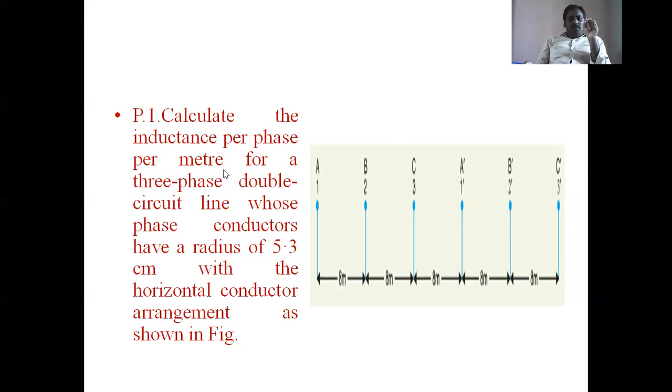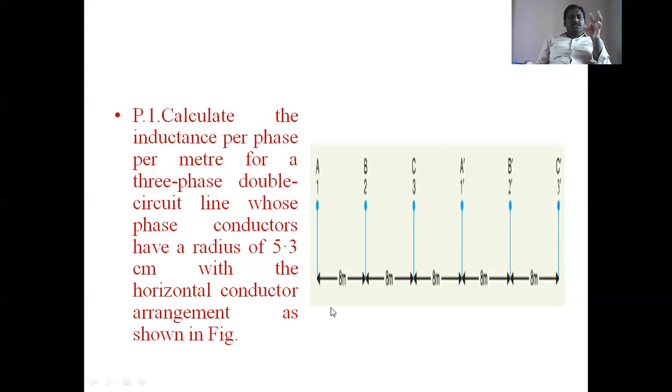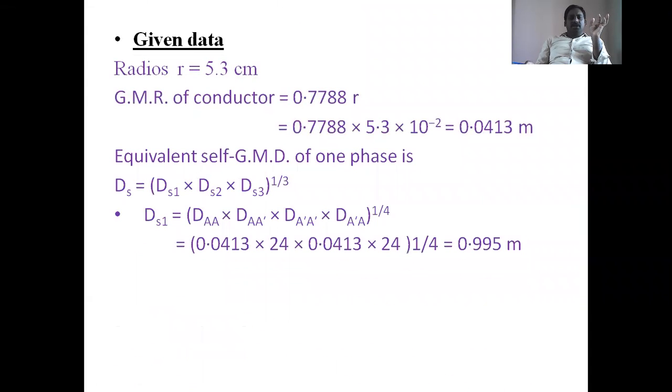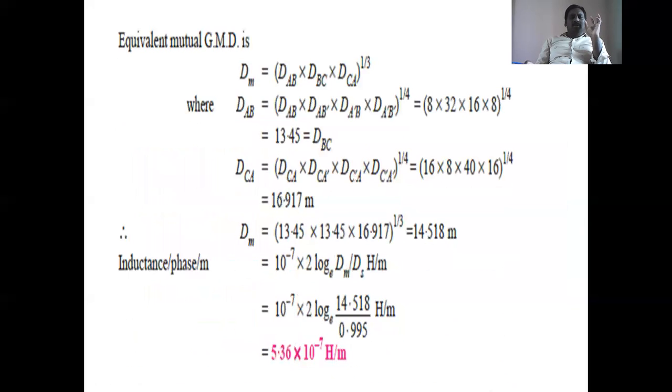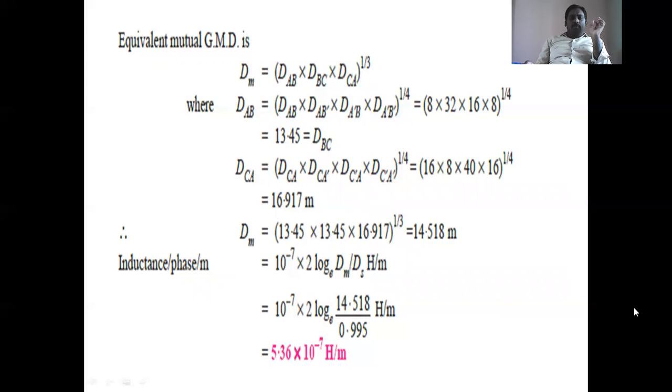If we observe the given problem, first we have to calculate the inductance per phase per meter for a three-phase double circuit line. For this calculation, the data is: radius of the conductor is 5.3 centimeter. After that, the conductors are horizontal. To calculate inductance, the formula is, see here, first we will write the formula: 10 to the power of minus 7 into 2 ln DM by DS henry per meter.